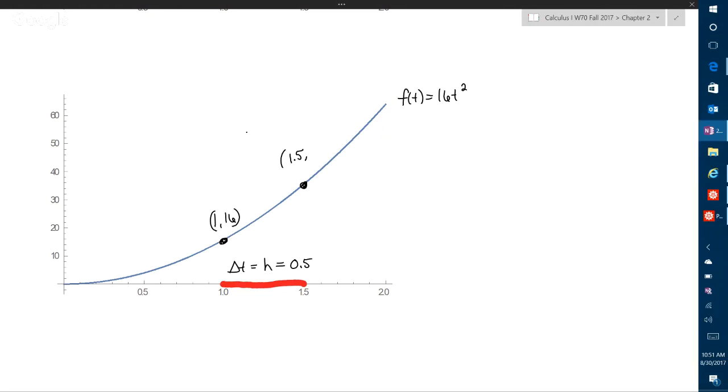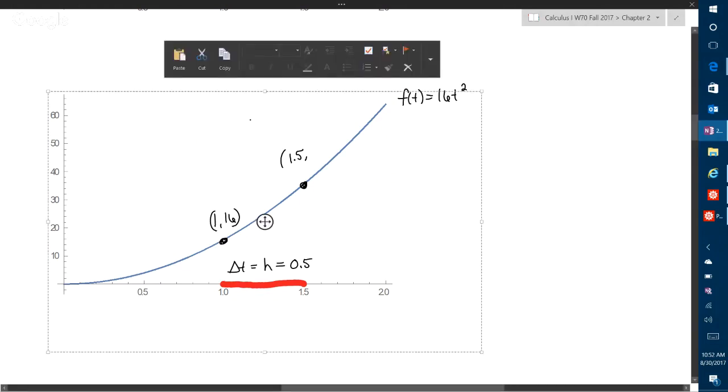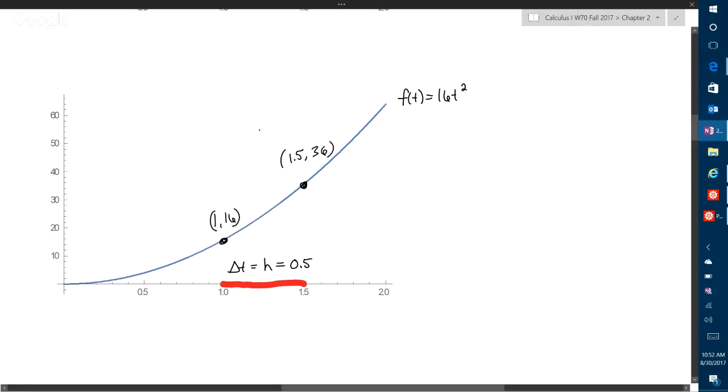Substitute in 1.5 for t, square it, and then multiply by 16. Tell me what you get back. 36? Is that the consensus here? 36.